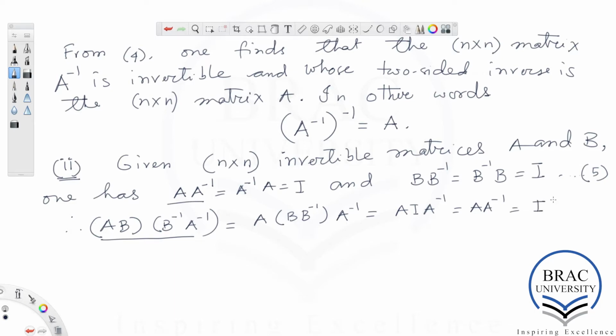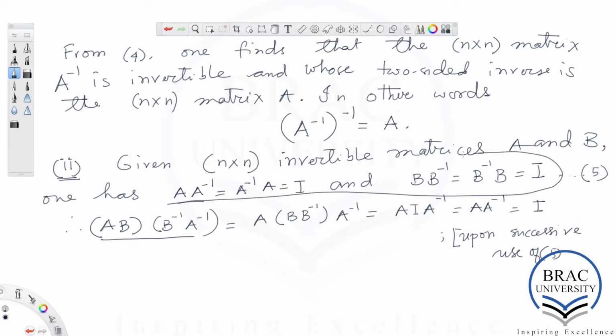Okay, so this is what we get upon successive use of 5. This is 5. Okay, similarly, so that is it.